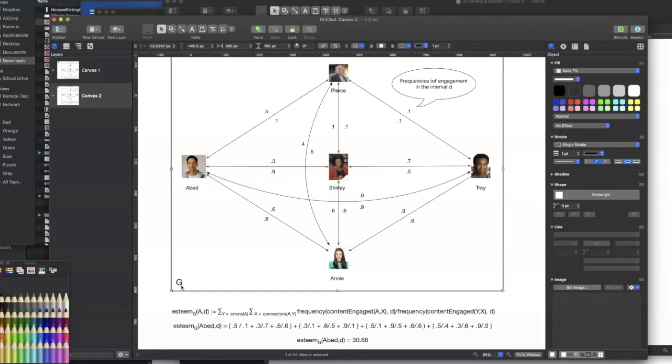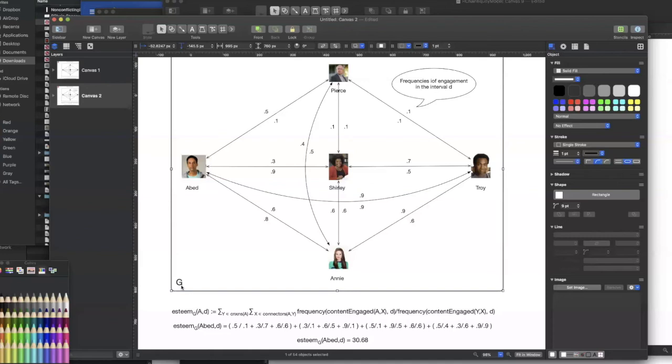This means that we should not look just at the number. We should compare the number across all the people. That's correct. This will give you a partial order on the people. Some people will have very high esteem, some people will have moderate esteem, some people will have low esteem.